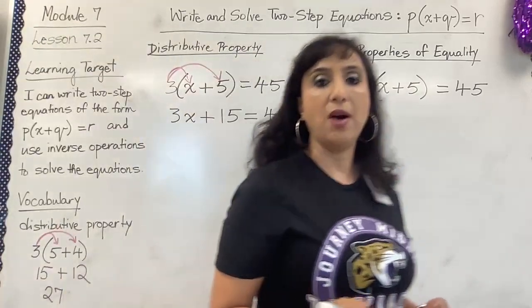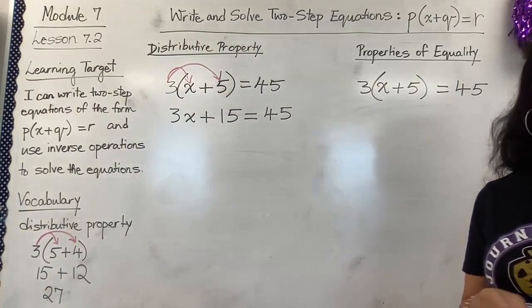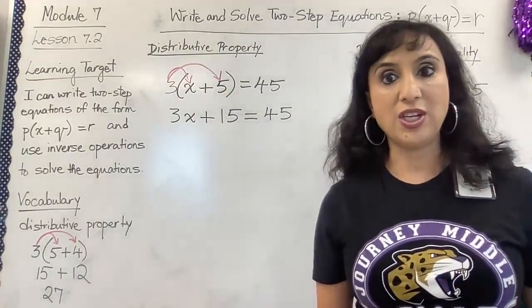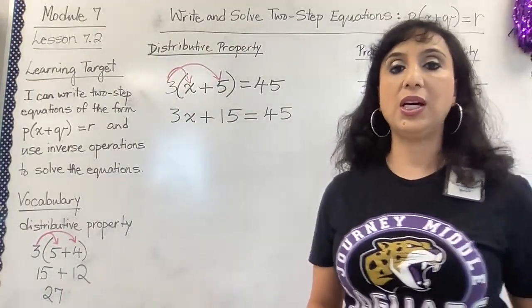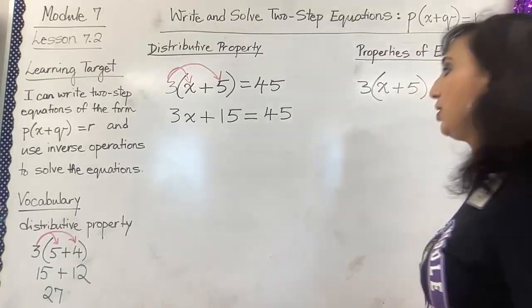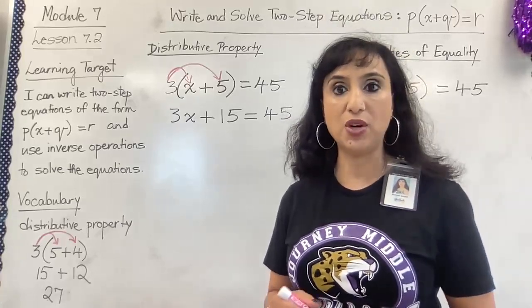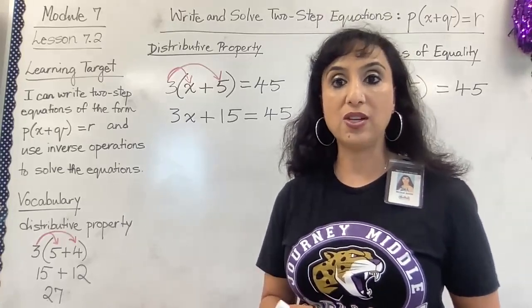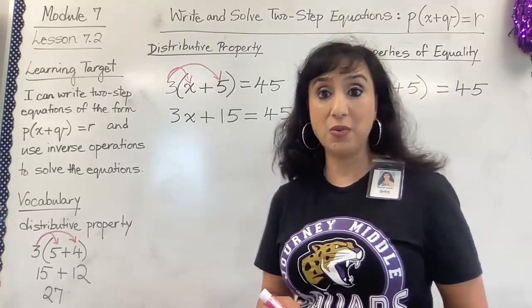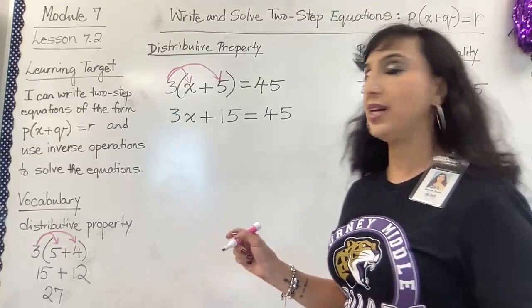Okay, and now we have this two-step equation. Again, we are going to follow the inverse operation of PEMDAS, and we're going to do the addition part first. So we are going to do the inverse of addition, which is subtraction. So I'm going to subtract 15 from both sides of the equation, because whatever I do on one side of the equation, I've got to do exactly the same thing on the other side.